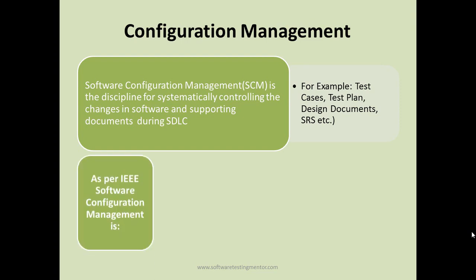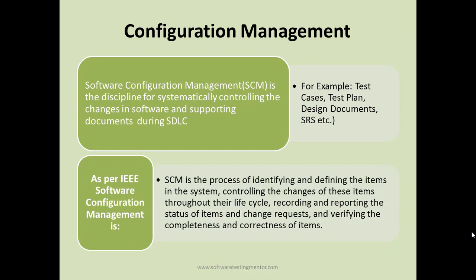Then as per IEEE, software configuration management is the process of identifying and defining the items in the system, controlling the changes of these items throughout their life cycle, recording and reporting the status of the items and change requests, and verifying the completeness and correctness of the item.